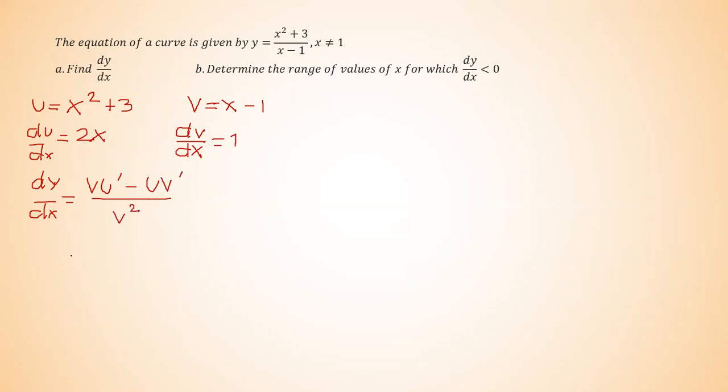Like this, it's going to be v, which is x minus 1, times 2x, minus (x squared plus 3) times 1, over v squared.